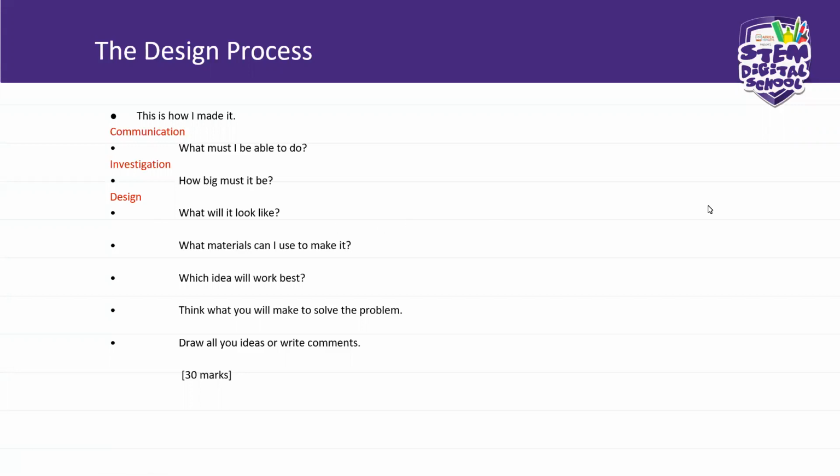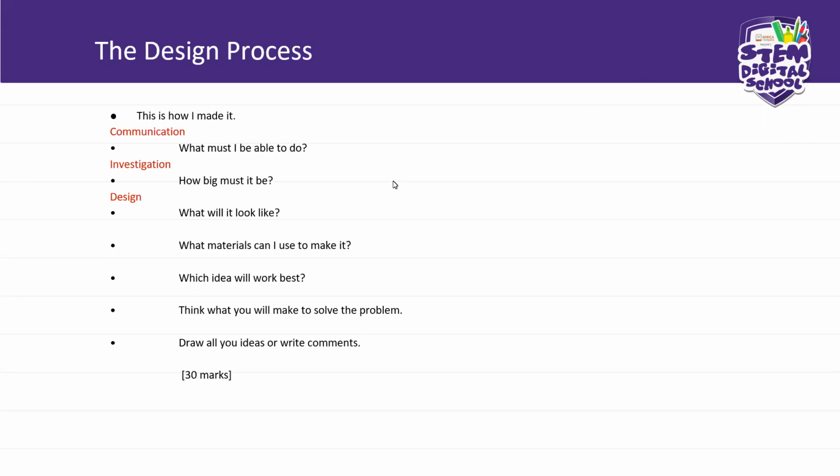Which stage is this? What will it look like?